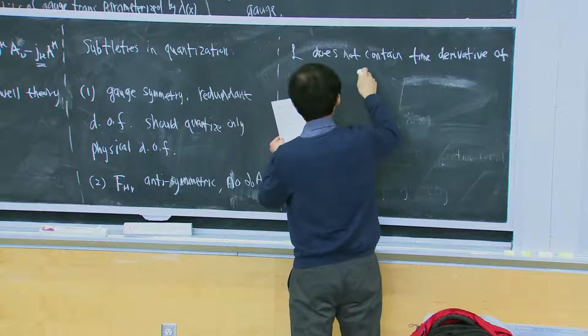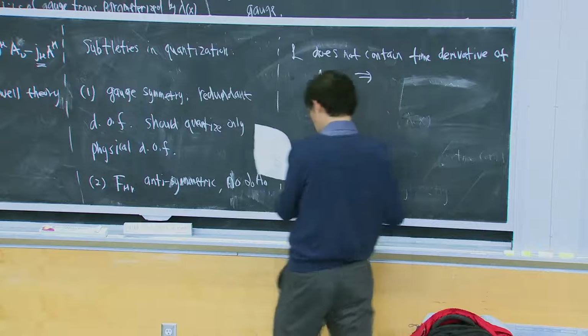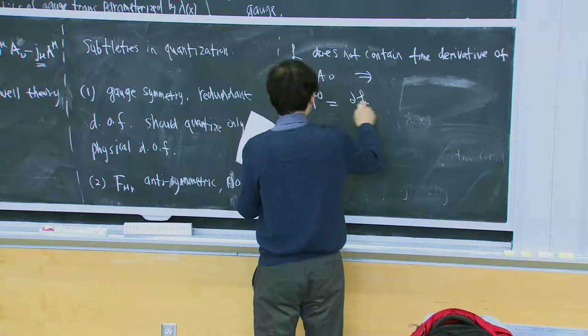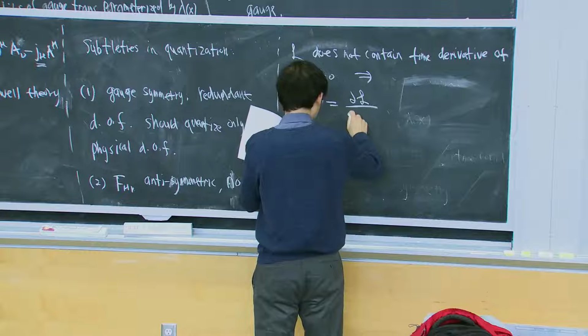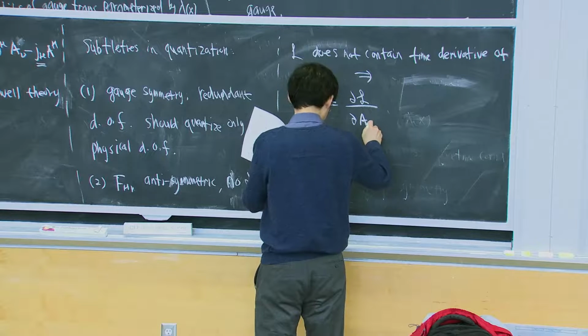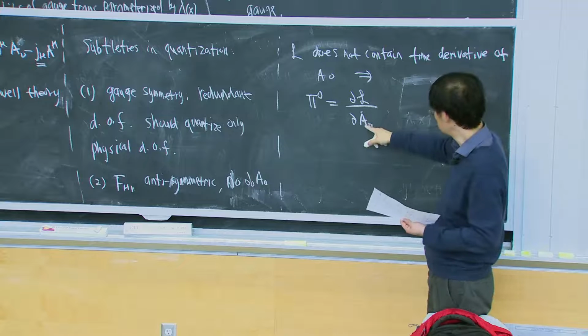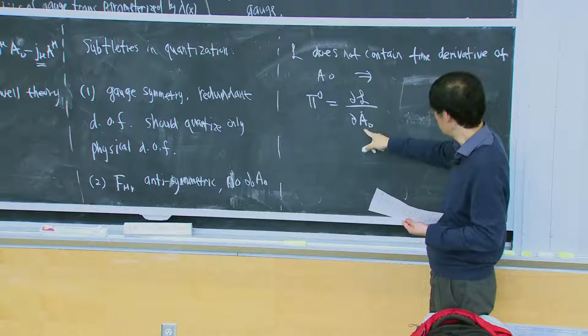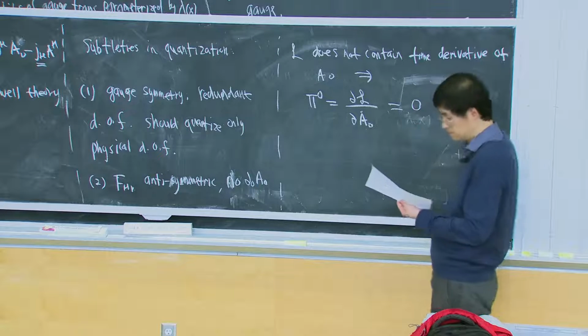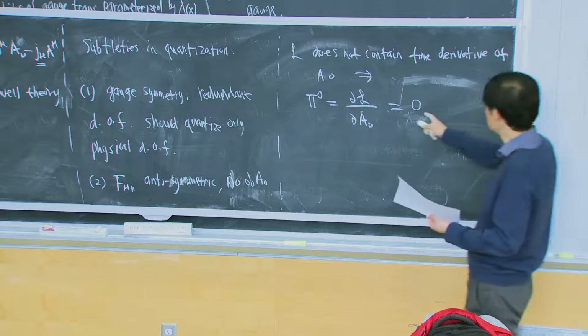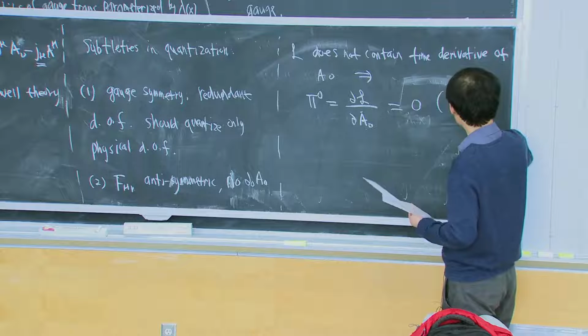So this means that if we look at the momentum conjugate to A_0, which is the derivative of the Lagrangian density with respect to the time derivative of A_0, this is just identically 0. So again, this corresponds to a constrained equation.